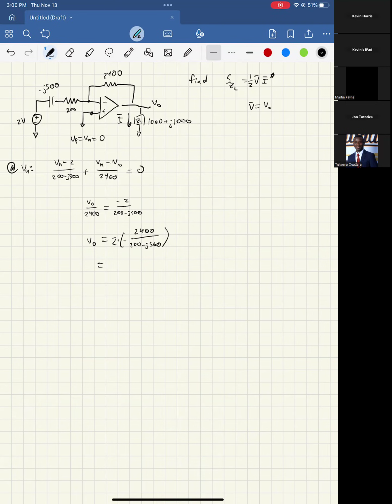So this is 2 times negative 2400 over (200 minus j500). This gets you a very not nice to look at number, which is negative 3.31 minus j8.28. It has a lot more decimal places than that, but it doesn't matter.